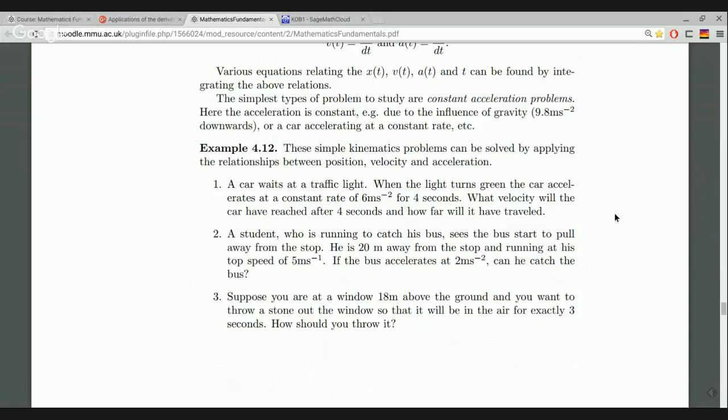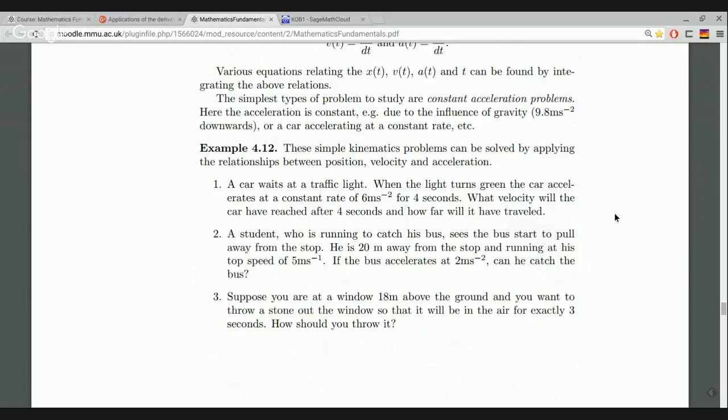So it's 3 times 16, so it's 48 meters, with velocity v of 4, which is 6 times 4, 24 meters per second. Okay, so it's quite a straightforward example.